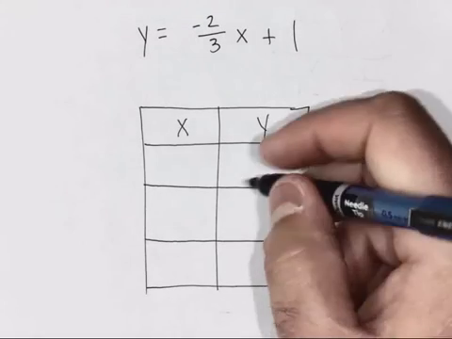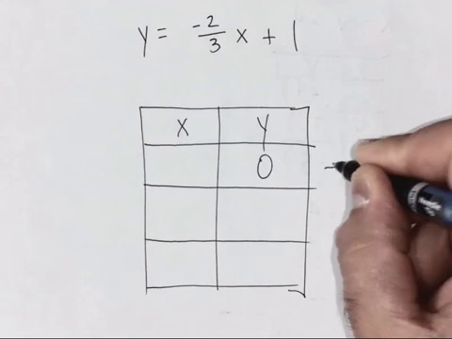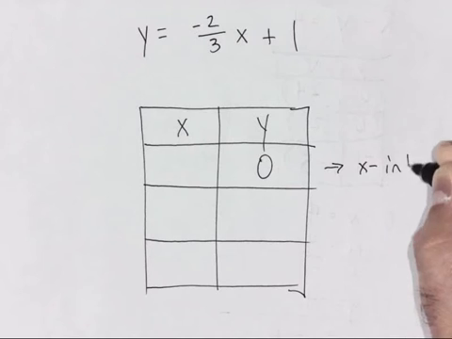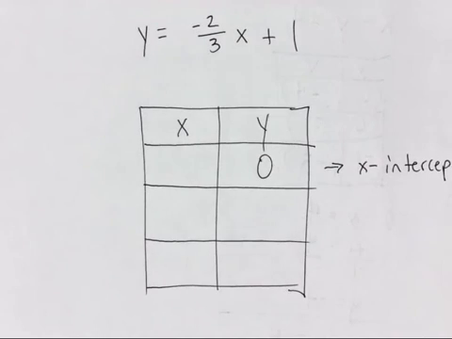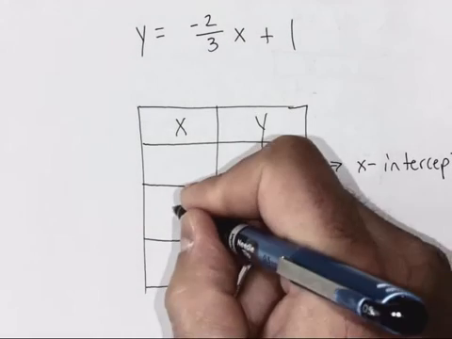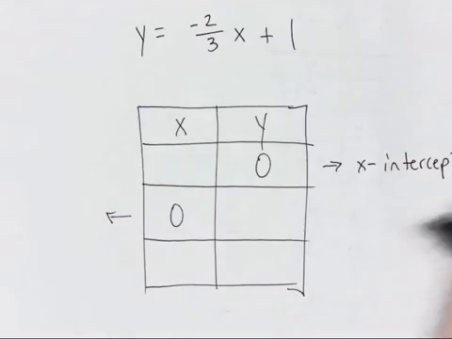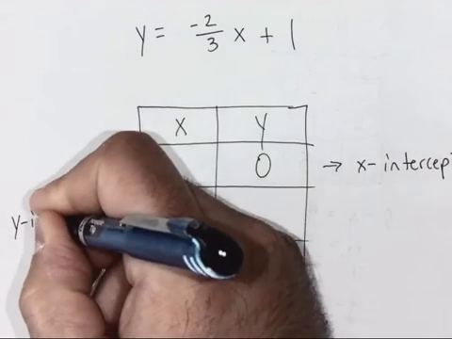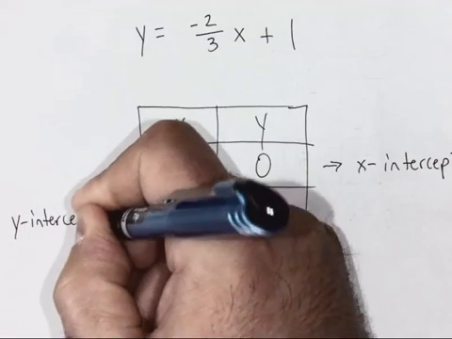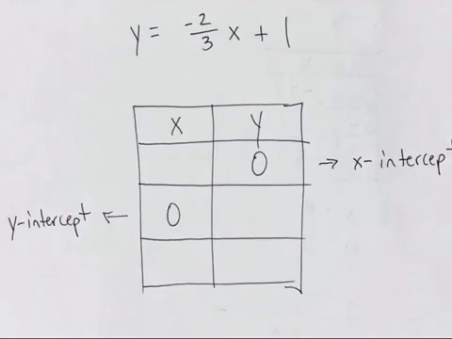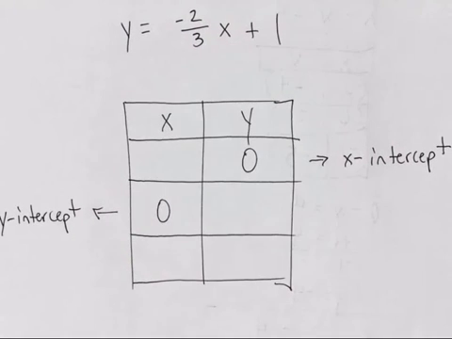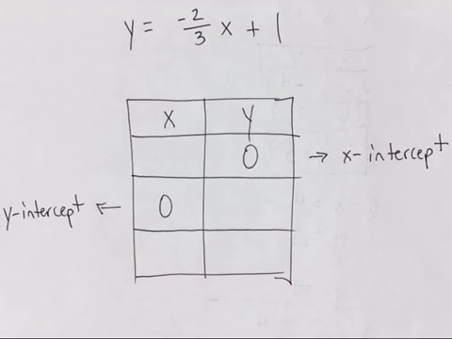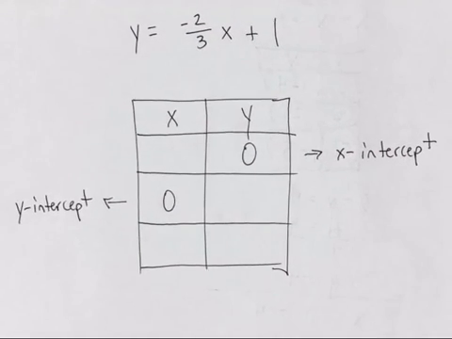So if I plug 0 in for y, that gives me the x-intercept. If I plug 0 in for x, that gives me the y-intercept. Okay. Zoom out a little bit here.